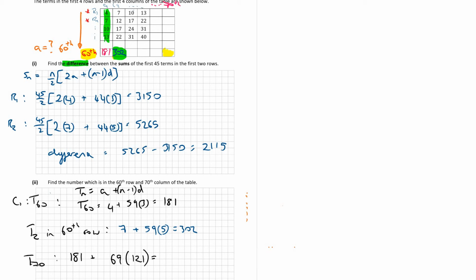And all of those together give me 8530. That is the term which is in the 60th row and the 70th column.